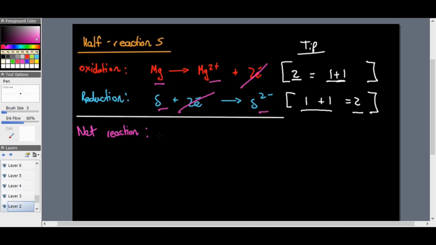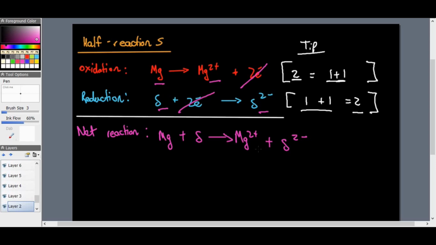So this will be the top one first, Mg on top, plus sulfur at the bottom. Then the arrow, then Mg2+ on top, plus S2-.